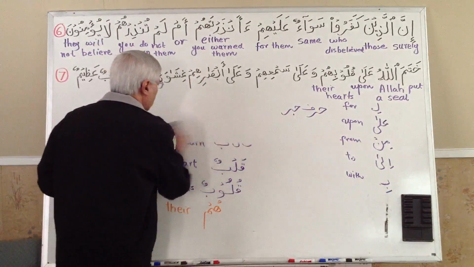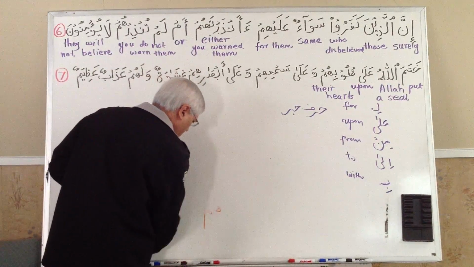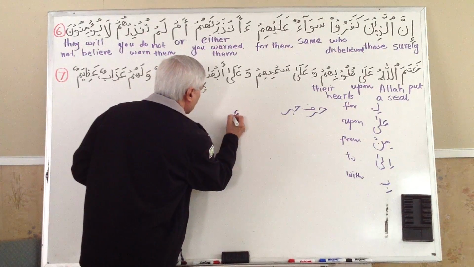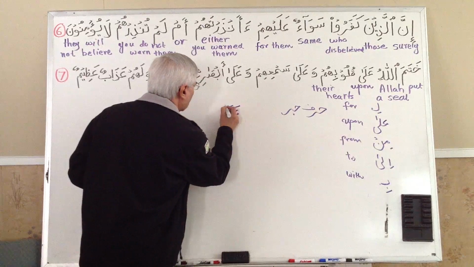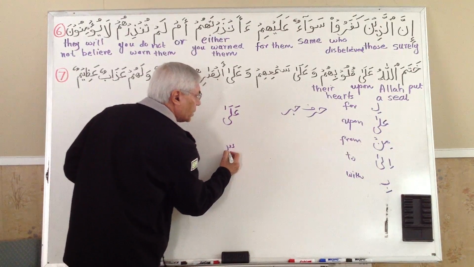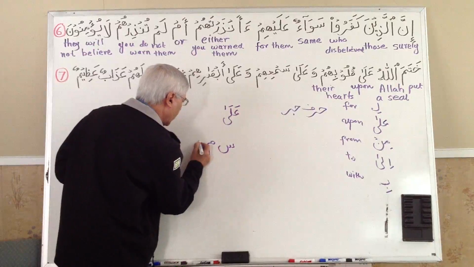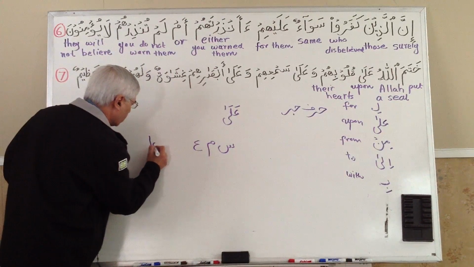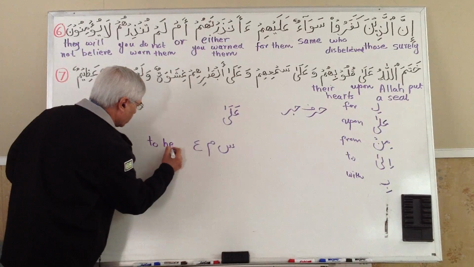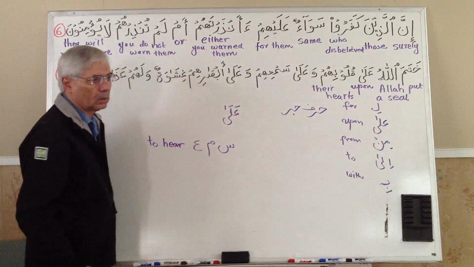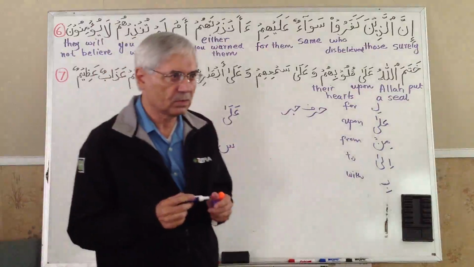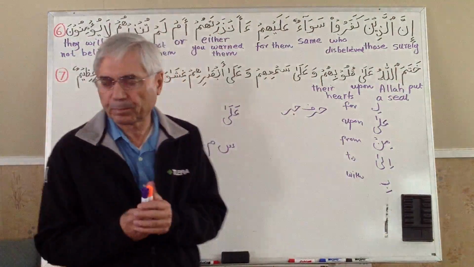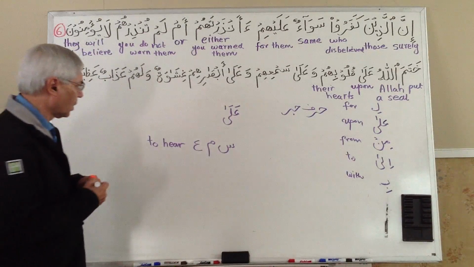Then the word after that is again ala, and now these three letters Sin, Mim and Ain. This means to hear. Sama'a means to hear. Sami is the one who hears. Sin, Mim, Ain.